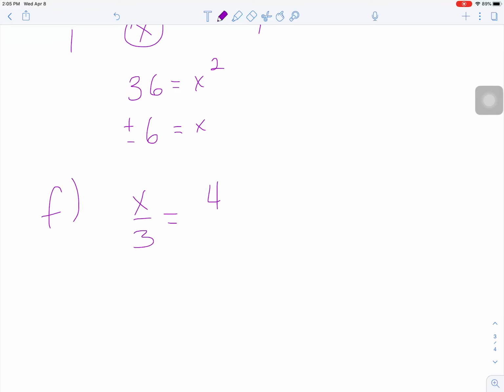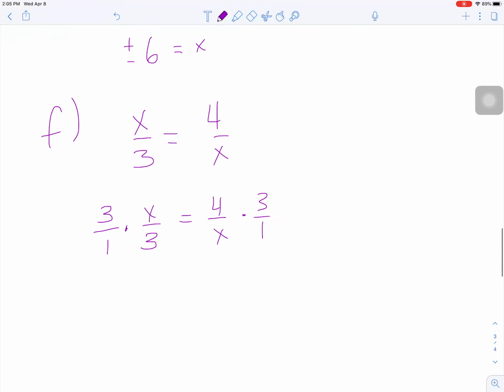We have x over 3 equals 4 over x. Now that I've done E with you, that even had me thinking a bit how that works, let me give you a chance to do F on your own. And here we go. So first thing that we have to do is multiply by 3 over 1: x over 3 equals 4 over x times 3 over 1.